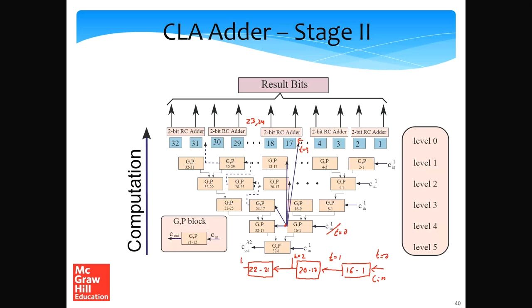So at the end of t equal to 3, we will have the carry in over here, and finally this will be connected to the block whose range is 23 to 24. So basically by t equal to 3, the carry in here will be available, and we can then perform the addition. So we can convince ourselves that for each of these blocks at the end of 5 steps, we are guaranteed to have the carry in available for each of these adders, and then we can perform the addition, which is a quick step. It takes a constant amount of time, right?